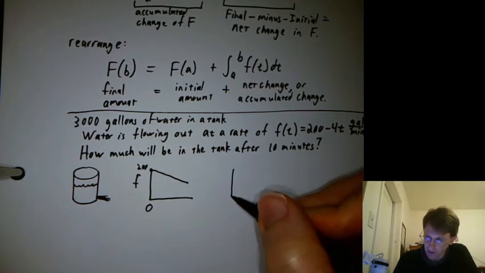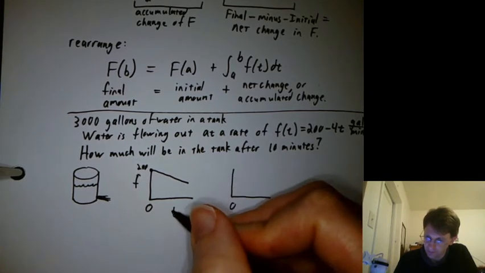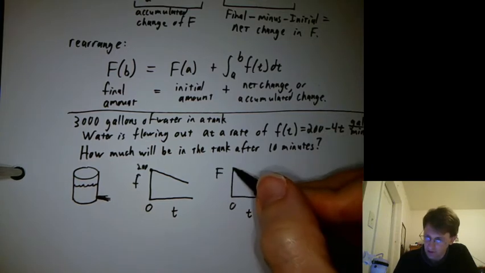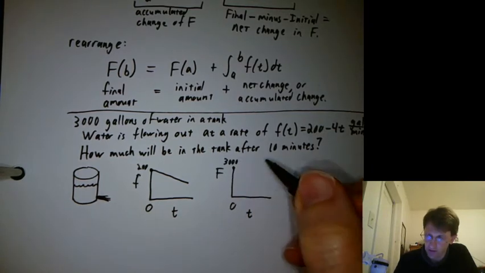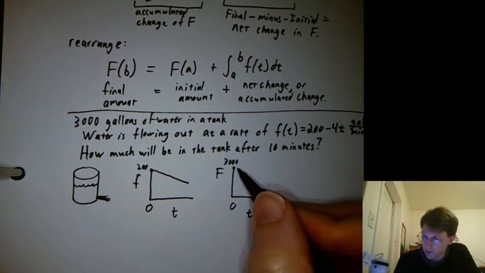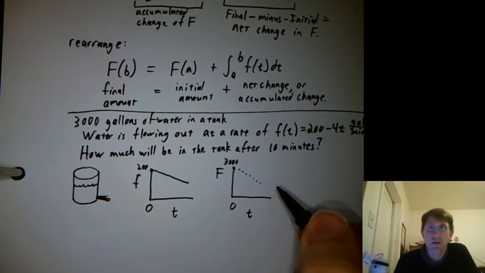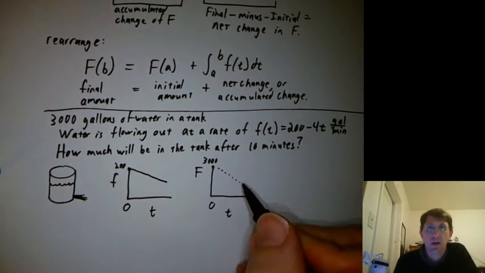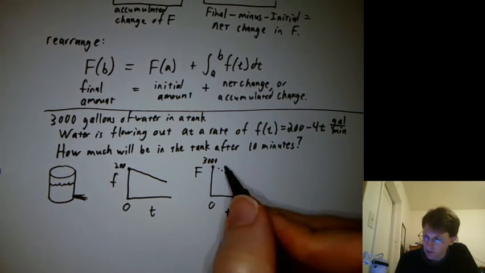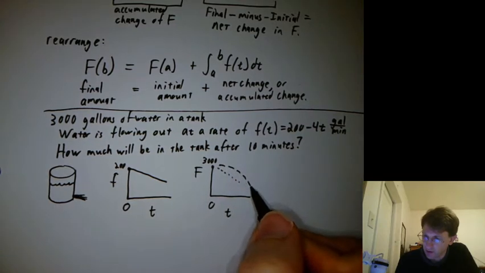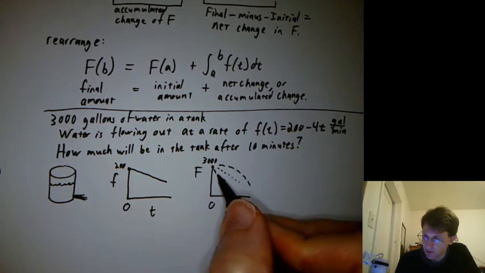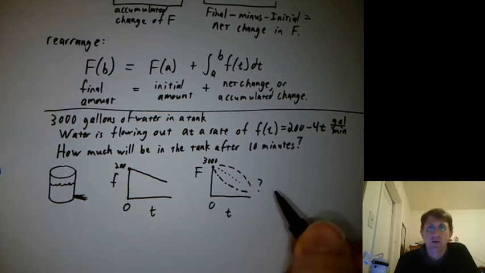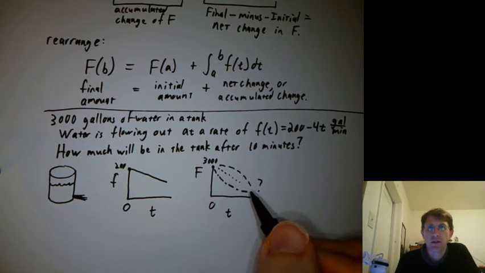What do we think will happen for big F? We know it starts at 3,000, and we're losing water, so we think overall the amount in the tank is dropping. Is it dropping linearly? Is it dropping in a concave down fashion? Is it dropping in a concave up fashion? We're pretty sure it's dropping, but we don't know exactly what the shape is.